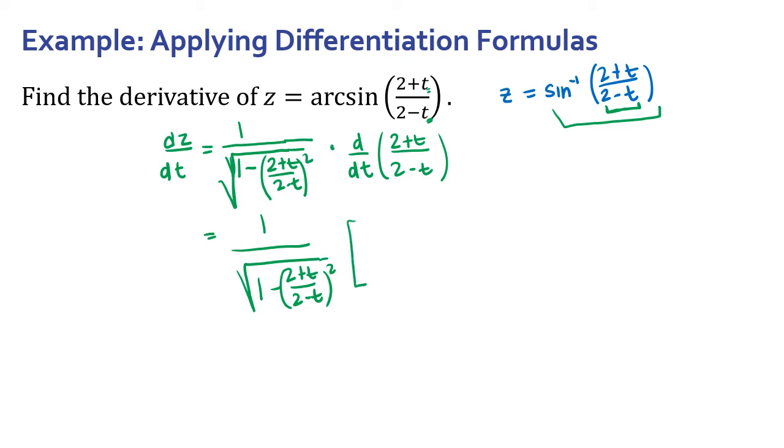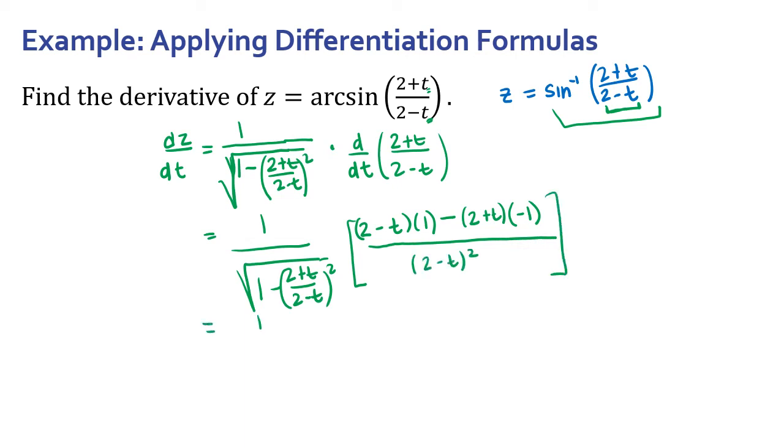Okay, so that's going to be the denominator times the derivative of the numerator, which is going to be 1, because the derivative of 2 plus t is just 1, minus the numerator times the derivative of the denominator. So the derivative of the denominator is -1. And then that's all over (2 minus t) squared.